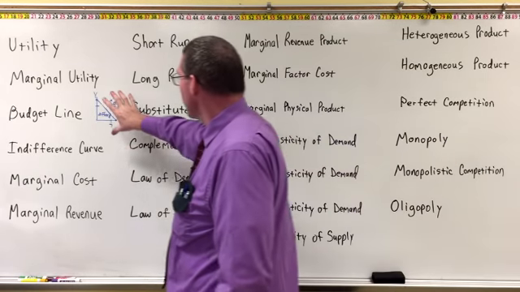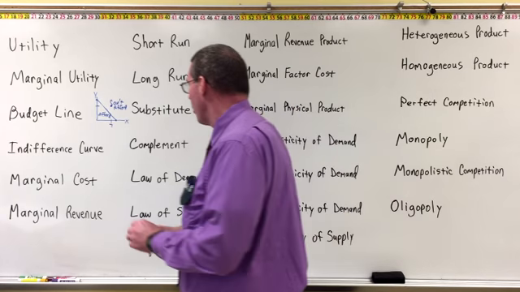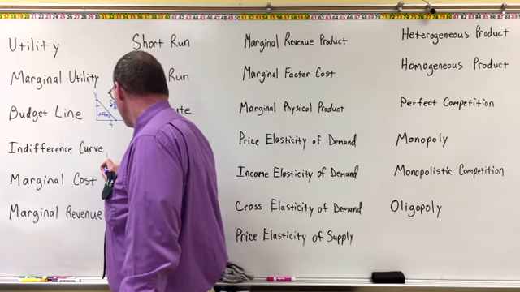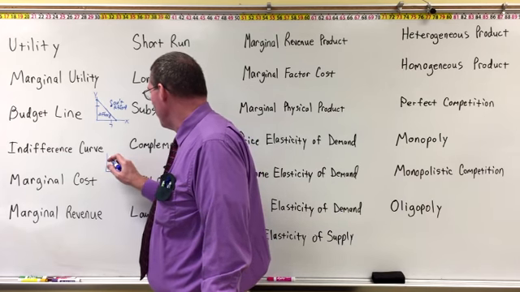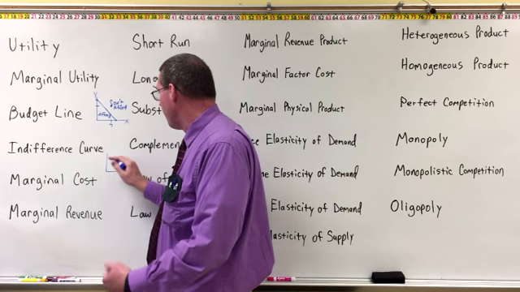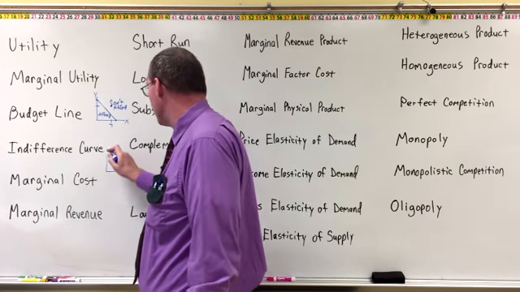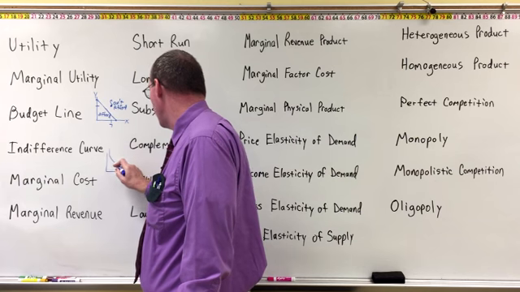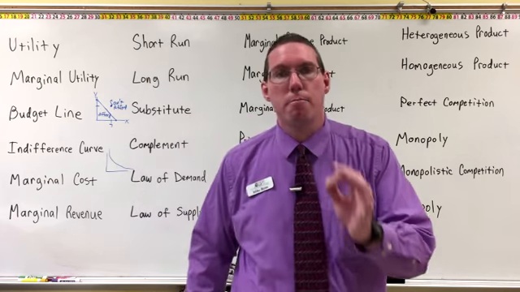Okay? And very similar to a budget line is an indifference curve. Now, an indifference curve is basically a visual representation of the satisfaction that a person can get from consuming 2 goods. Lots of combinations of 2 goods. So every point along this indifference curve gives the same utility.